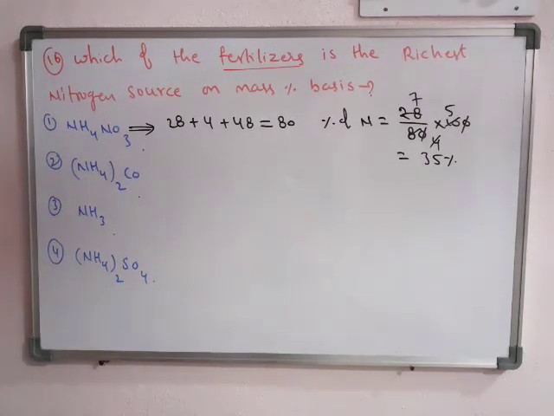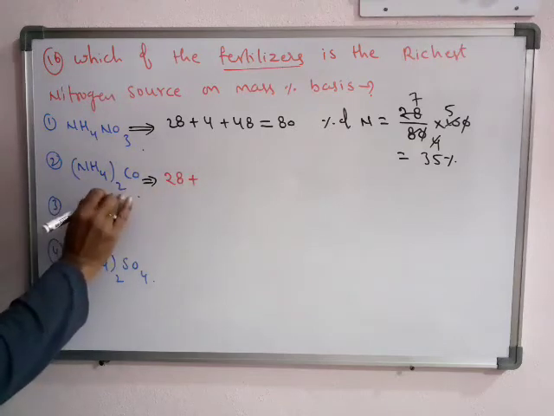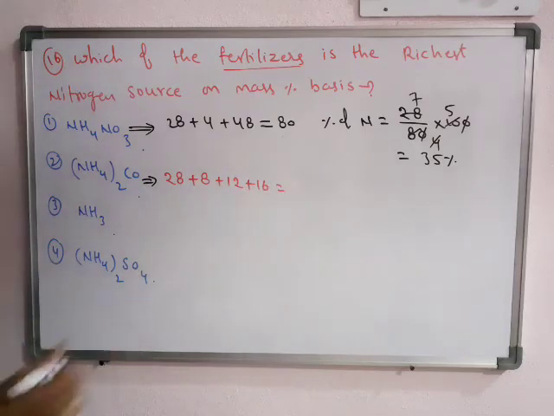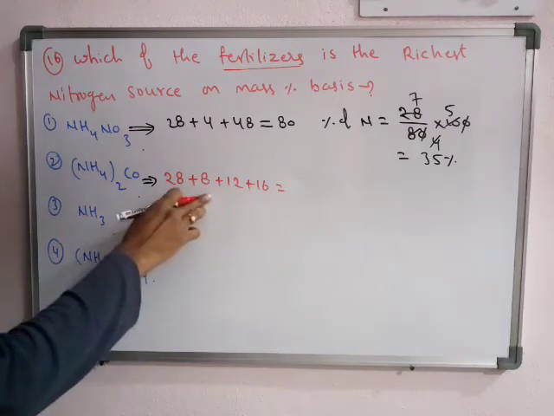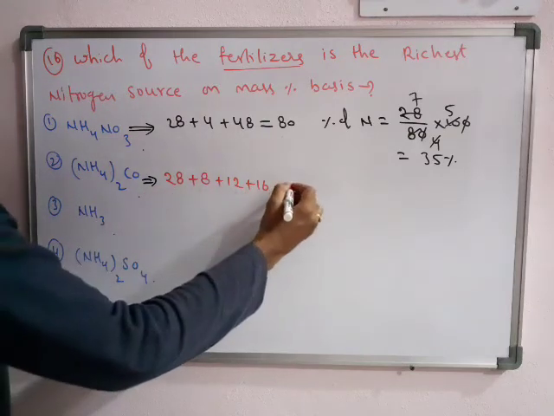Next, the second compound. We don't know the exact names of these compounds, but we know this one is ammonium nitrate, and here it is an ammonium carbonyl compound. Again, two nitrogens, so 28, and 8 hydrogens. The overall molecular weight is 64.